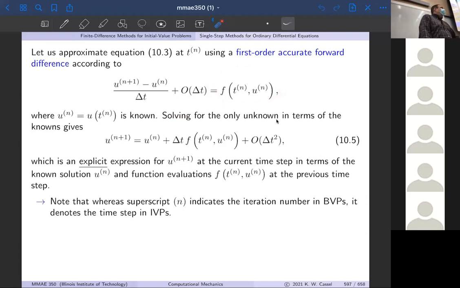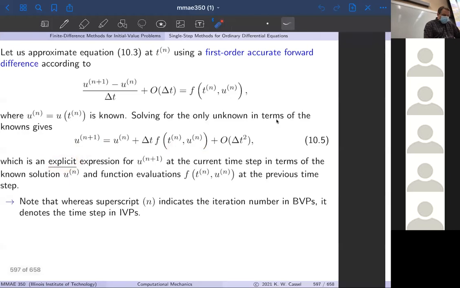Then, as always, we put all the unknowns on the left and all the knowns on the right. This is why it's explicit: there's only one unknown, u n plus 1. Everything else is at n. un, tn, un are all known from the previous time step. So it's an explicit method for that reason. That's where we ended up last time.